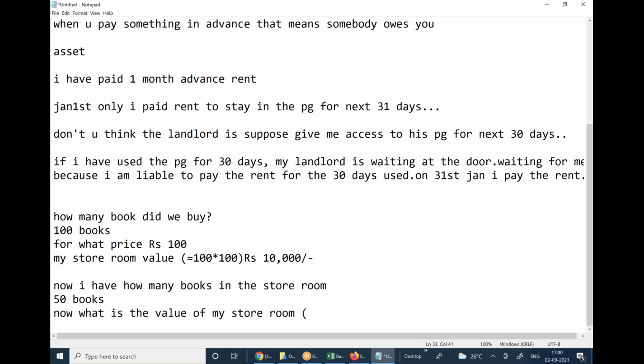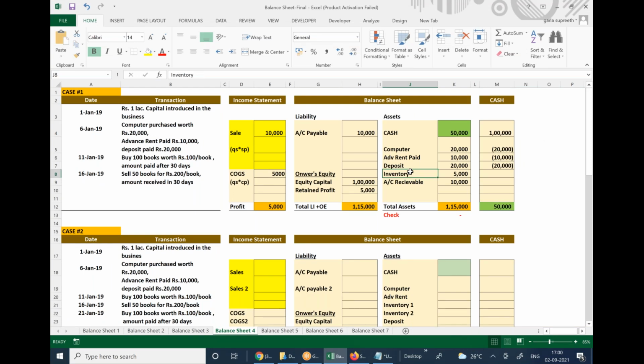If someone wants to steal my books in the storeroom, how much money will he take away? So it will be 50 into 100. So now the value of my inventory is 5,000 because 50 books I've already sold. That is how I've calculated the inventory. Is this clear?